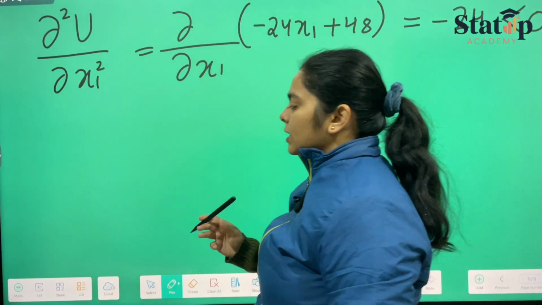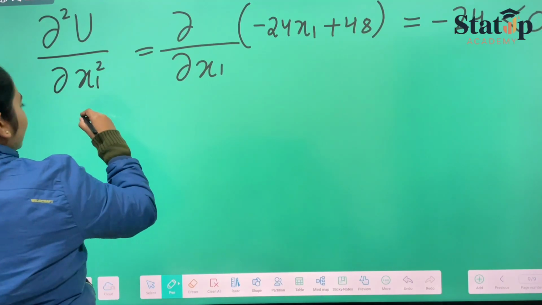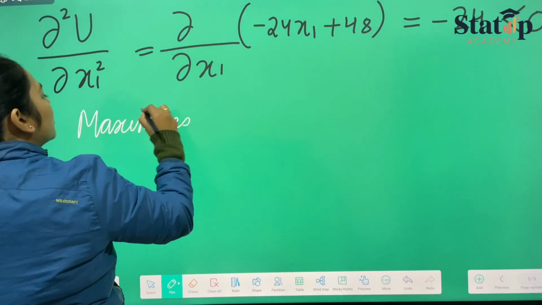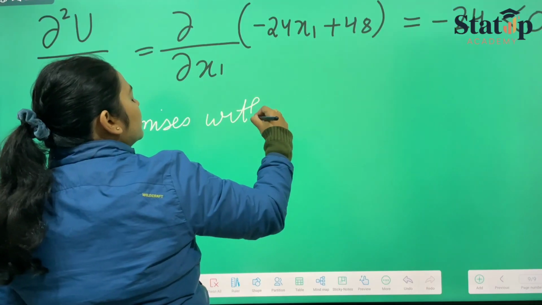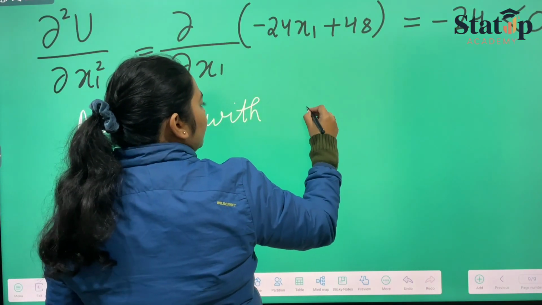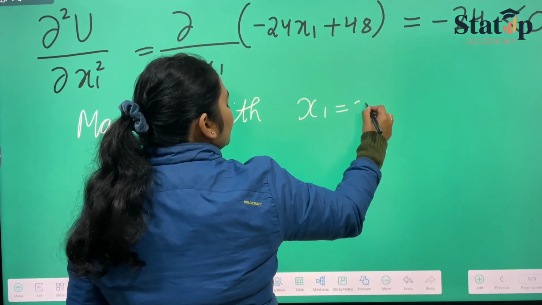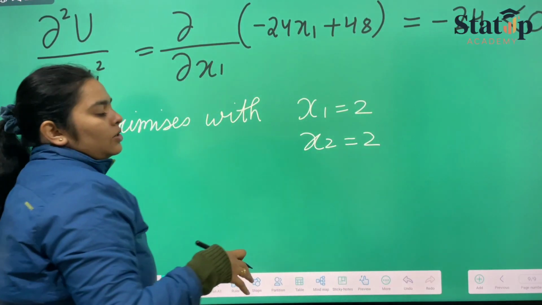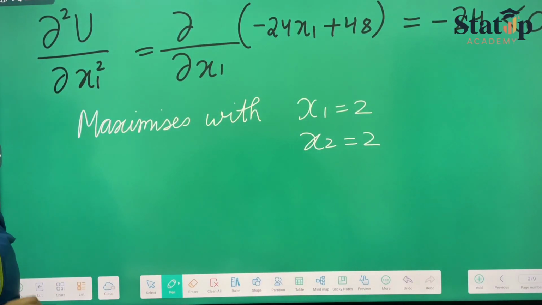So hence we can say that the utility function maximizes here with x1 as 2 and x2 as 2. x1 and x2 both are coming equal by chance here.